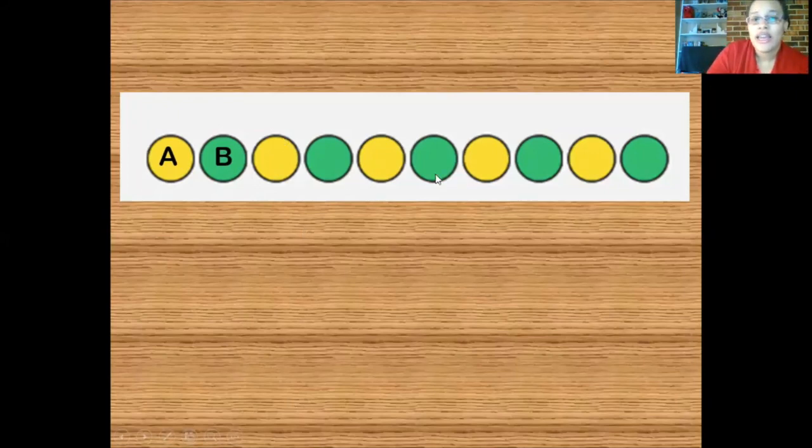A, B, A, B, A, B repeats throughout the whole pattern. So this is our core, and it repeats over and over and over and over again.